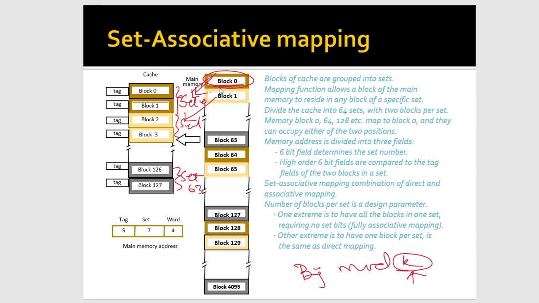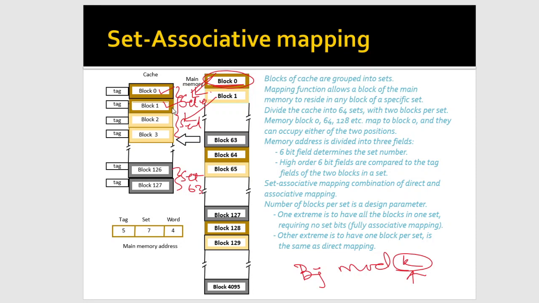But when block 0 maps to set 0, it can be available anywhere in the set. In this given example, the number of blocks in a set is 2, so block 0 can be available in the first block of set 0 or in the second block of set 0. So it is easy to determine because the mapping is directly mapped from block to set, and within the set it is associative, or fully associative.